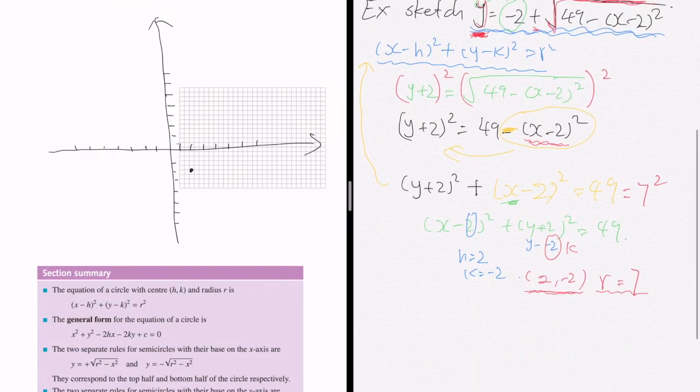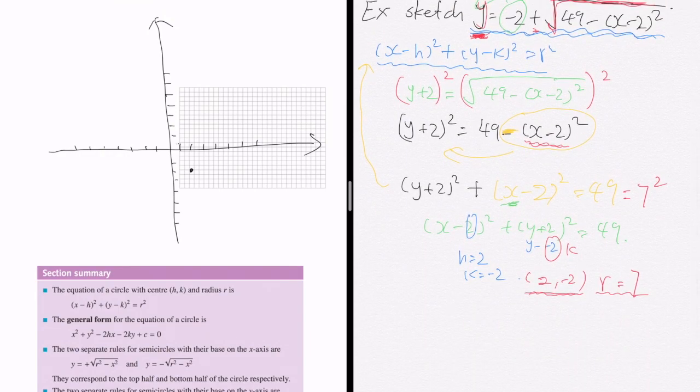Okay, so now coming back, I have center (2, negative 2), r is equal to 7. So I need to start to extend my circle. 1 2 3 4 5 6 7, so it will be over here. 1 2 3 4 5 6 7, so that will be over here. That's to the right and to the left.